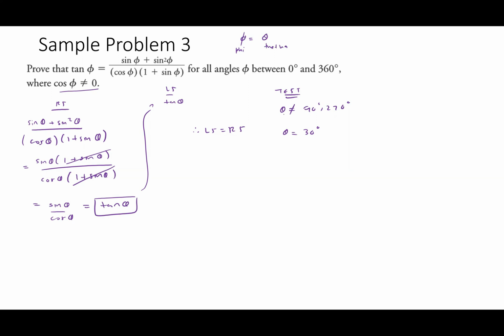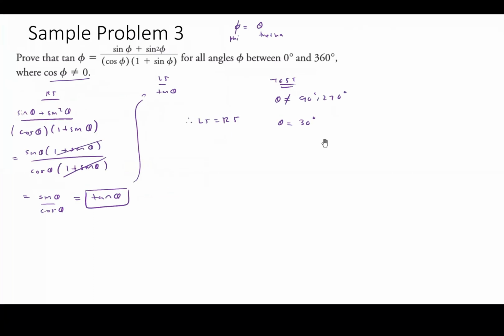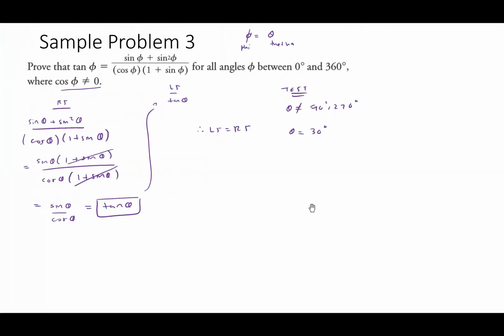So we know that theta cannot be 90 degrees or 270 degrees because in both of those cases it'll be undefined. Like tan 90 and tan 270 don't exist. So there's a little slip up there. Let's test that theta is equal to 30 degrees. Whoops, sorry guys. Let's test theta is equal to 30 degrees.